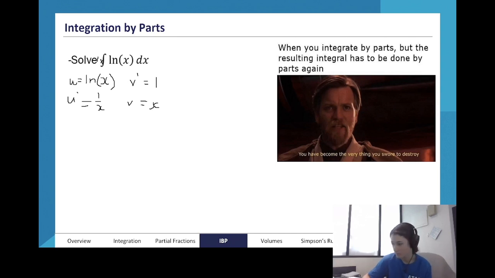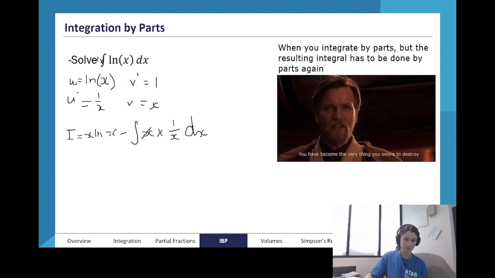But now we can apply our formula. So for integration by parts, we're going to have uv, so x ln x, minus the integral of v times u dash.